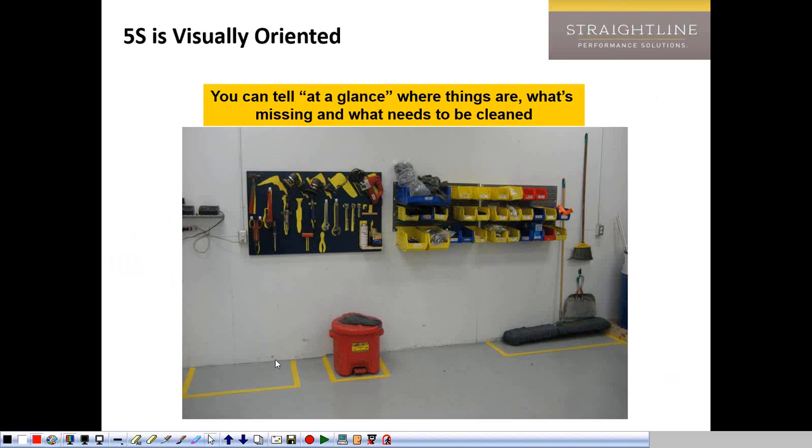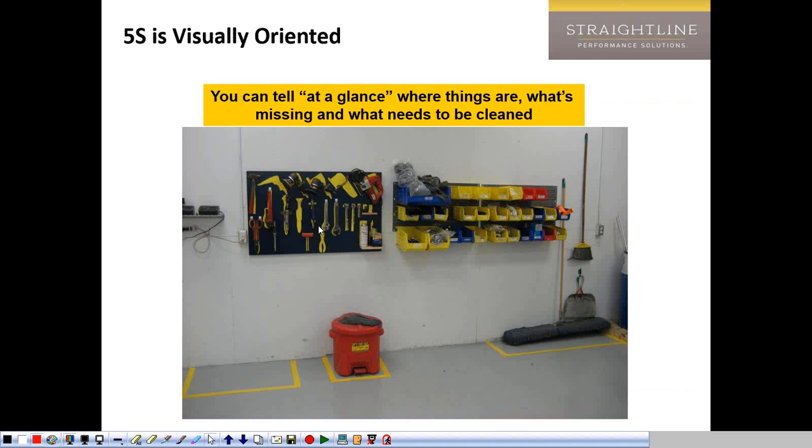It looks like something's missing from there, but that lets us know what's out, what's in. There's some color coding going on right there. There's the old tool silhouette. I've got one of those in my basement, and they're all empty. But Grandpa had one that was all full, and it worked for him.